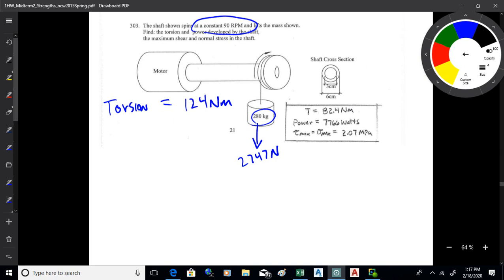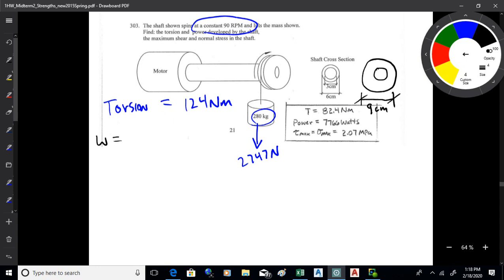I also, it's not on this sketch, but on yours you've got the pulley dimension too. It's a 9 centimeter pulley. So you want to kind of analyze that, look at the weight, and look at the moment that it causes about the center of the shaft, and that should get you the torsion.